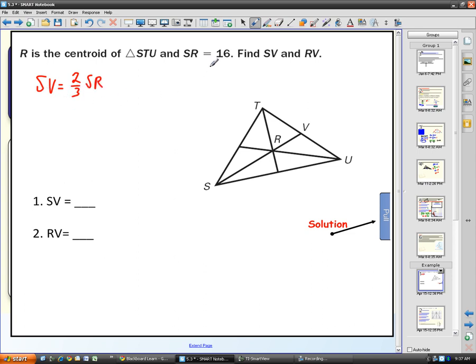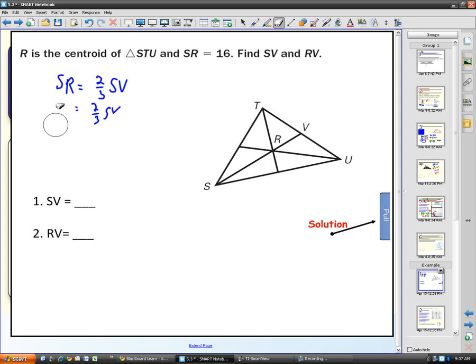Let's try this again. SR is 2/3 of SV, of the whole thing. So the longer side is 2/3 the length of the whole thing. So SR is going to equal 2/3 of SV, and I'm going to find that first, and SR is 16.